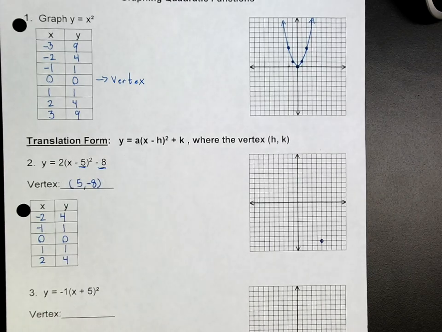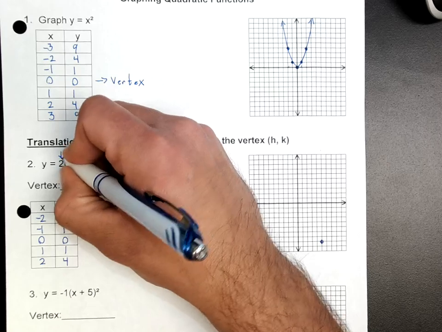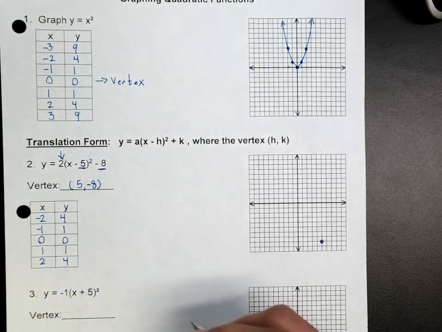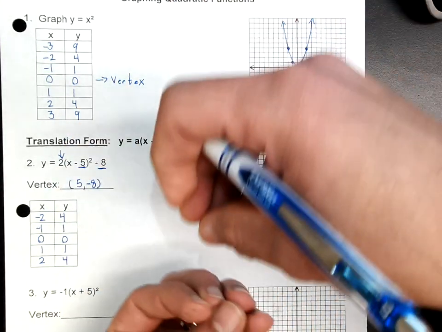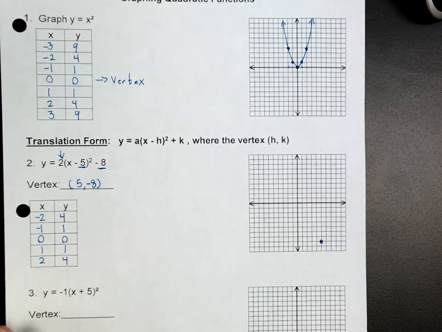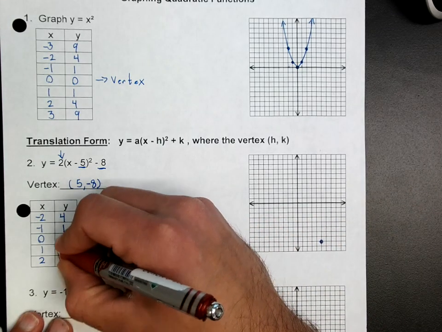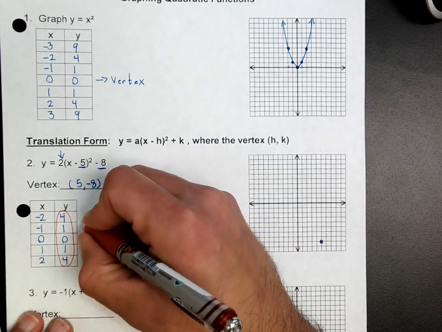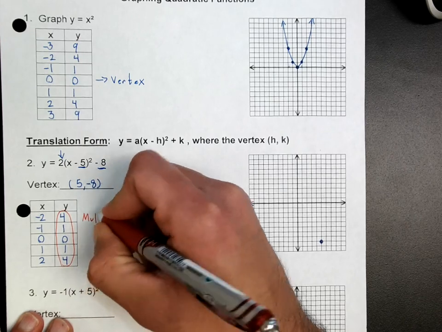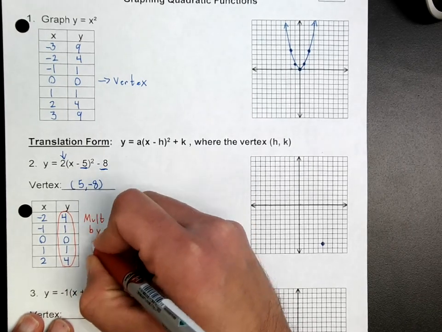Now if you remember though, however, before we start graphing any points, this number 2 is actually going to stretch out that parabola vertically. So to do that easily, that's basically the same thing as multiplying all of the y coordinates by 2.